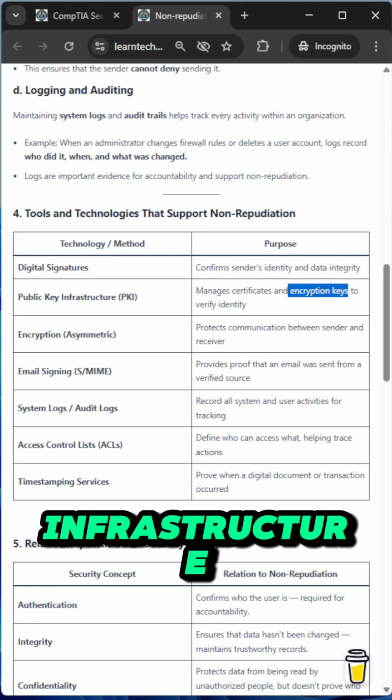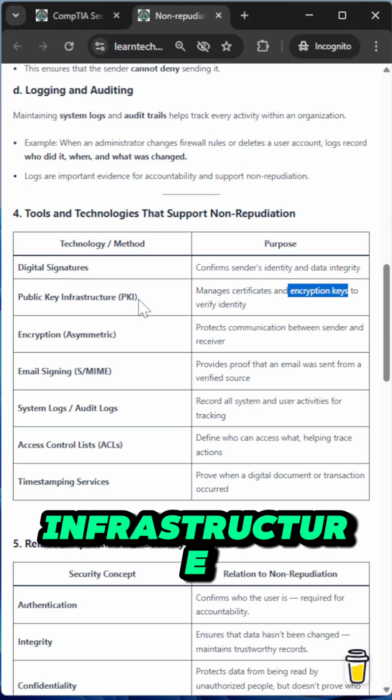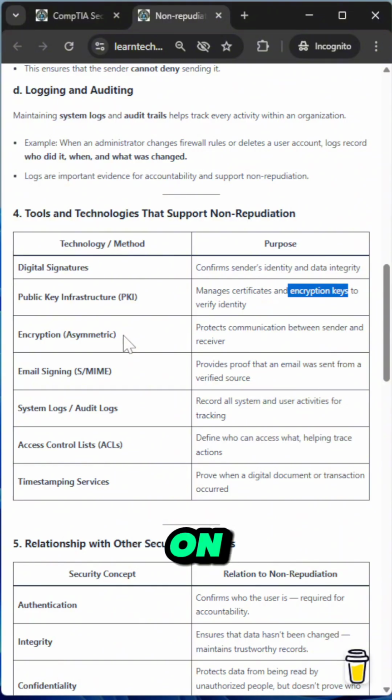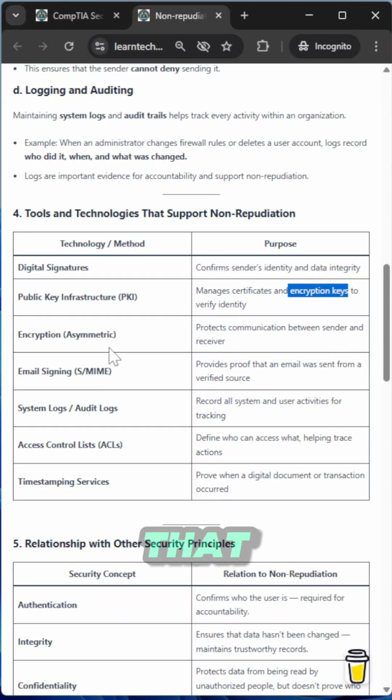So PKI, public key infrastructure, we will cover later on. It's too early to explain in detail. Asymmetric encryption is a part of PKI infrastructure. We will cover that later on. Asymmetric encryption has a public and private key. You normally encrypt the message with the public key, and you can only open a message with the private key. We will cover that later on.